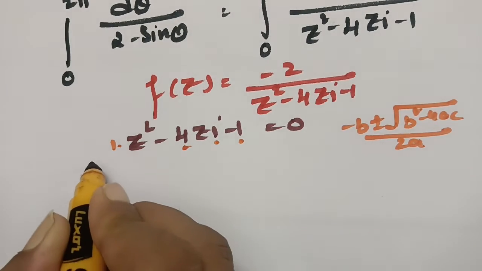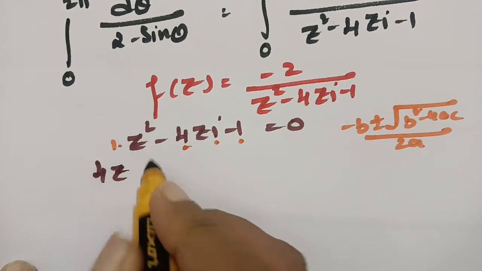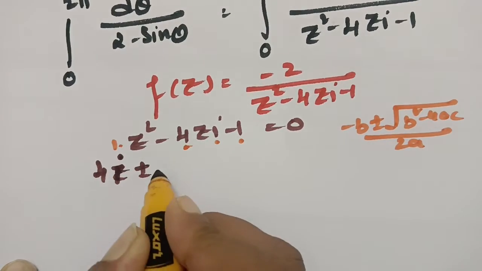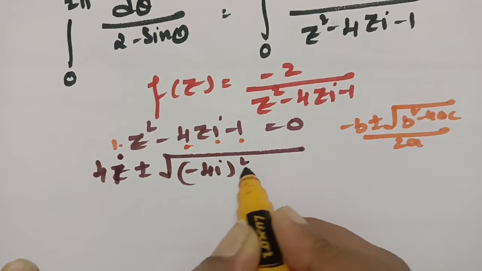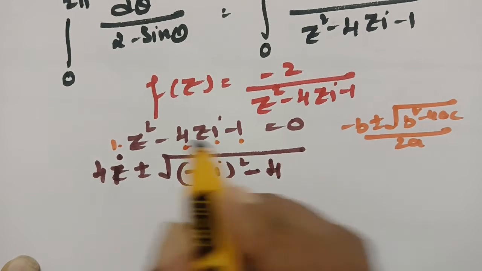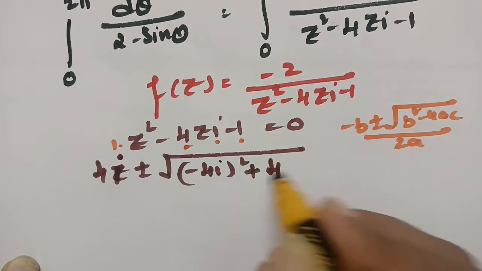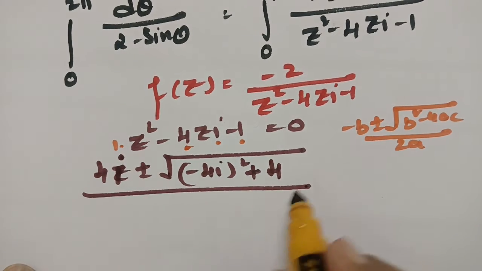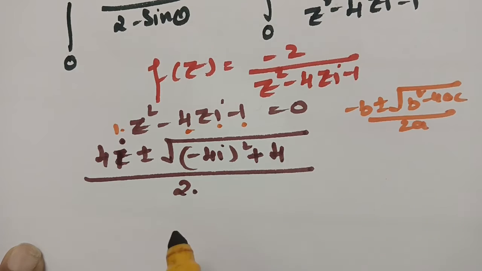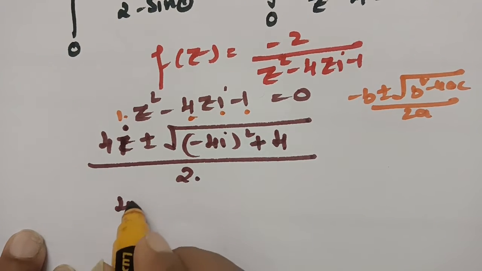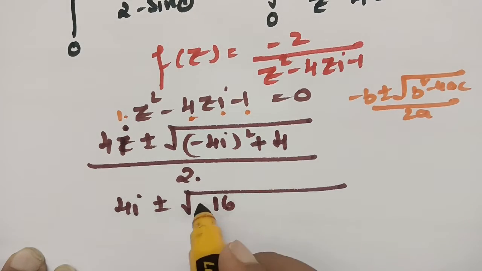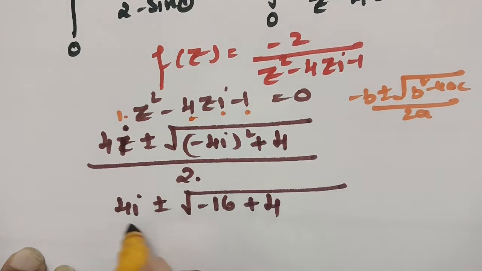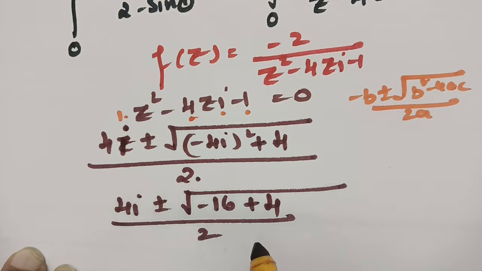Our z value is minus b, that is 4i, plus or minus root over b square, that is minus 4i whole square, minus 4 into 1 into minus 1, so this will be plus 4, by 2a, so 2 into 1. So here this will be 4i plus or minus root over 16 i square, and i square value is minus 1, so minus 16 plus 4, by 2. Clear?